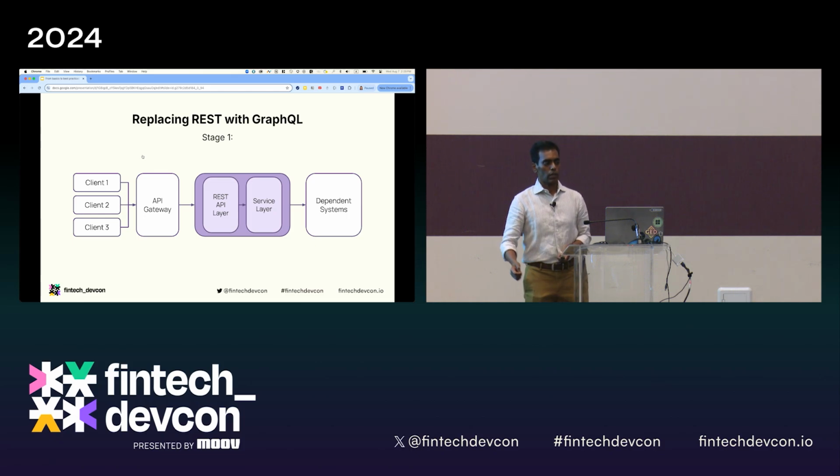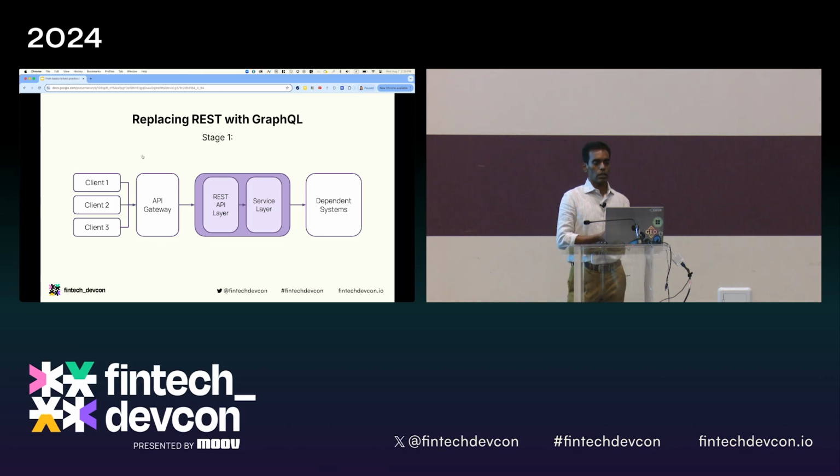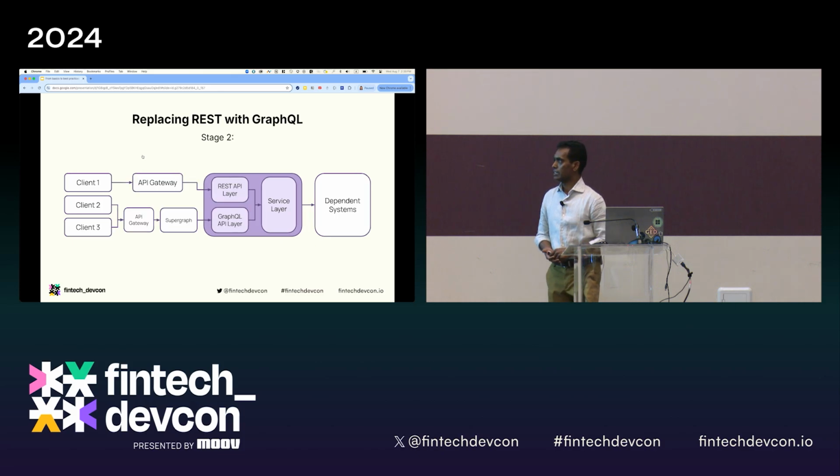As you move to another API, let's say GraphQL, you can start leveraging the service layer instead of duplicating all of that code in your GraphQL API service. So we want to carve out the API layer, keep all the business logic in the service layer, and move just the APIs to the API layer. In stage 2, you could introduce the GraphQL API layer.